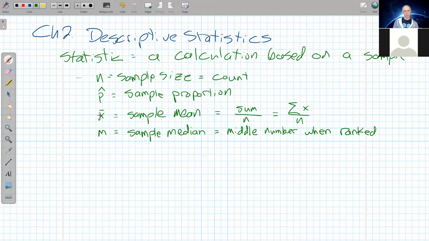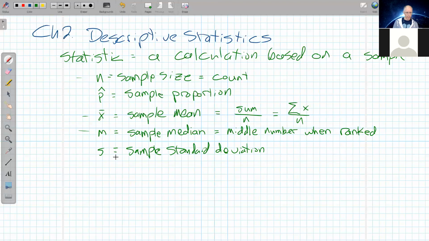Today, we've got to always have that count for any statistic we have. And then we're going to continue to work with the mean and the median. New one today is S, which is the sample standard deviation. Its formula is pretty complicated.